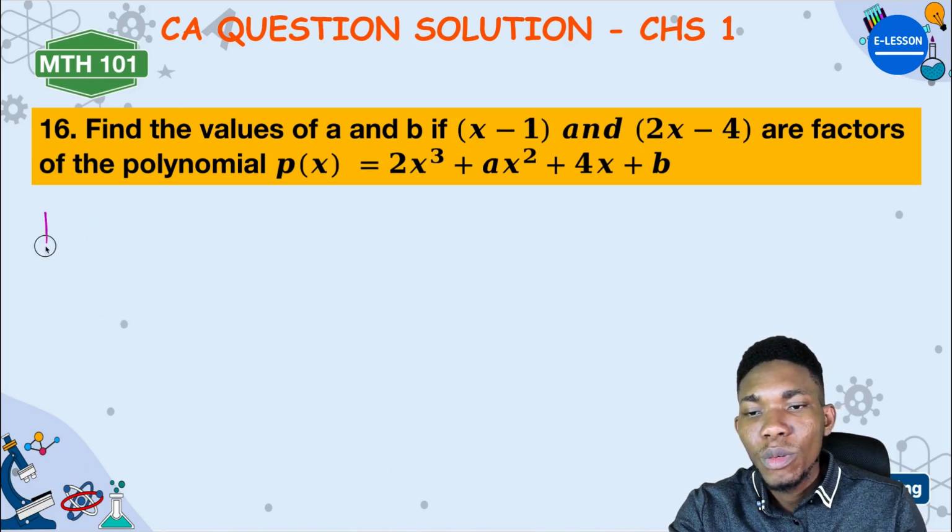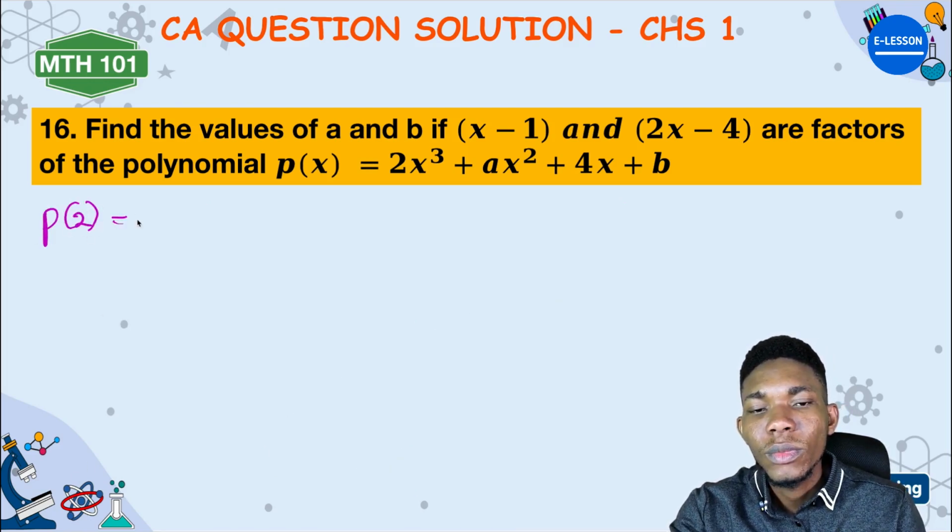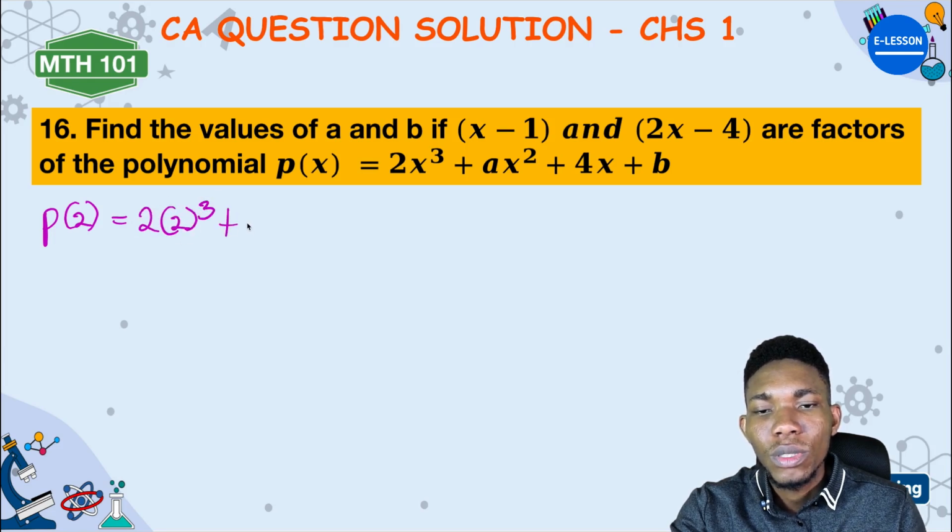So p(2) will be equal to 2 times 2 to the power of 3, plus a times 2 squared, plus 4 times 2, plus b, supposed to give us 0.